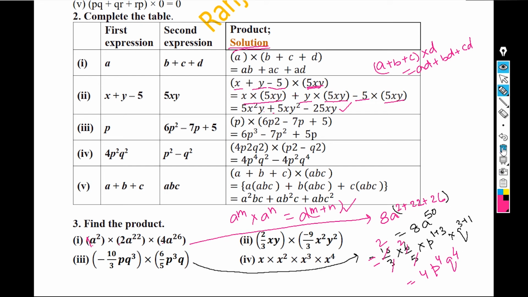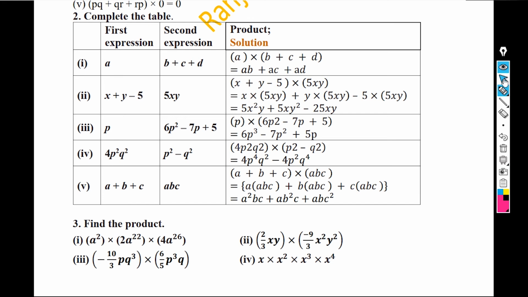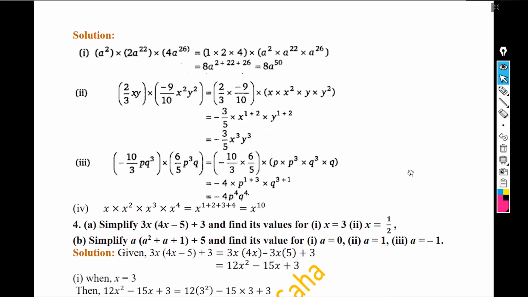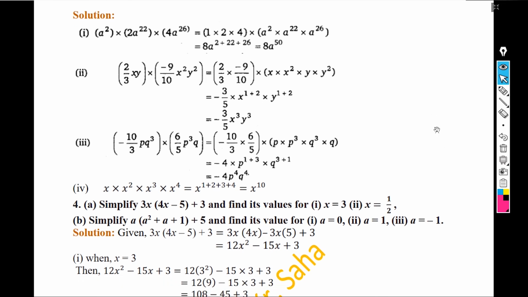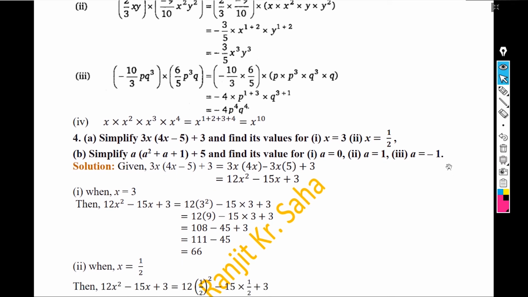Now students, you can solve other questions. Then students, the solution is given here. In the first case it is 8 into a to the power 50. Like that you can solve all these.